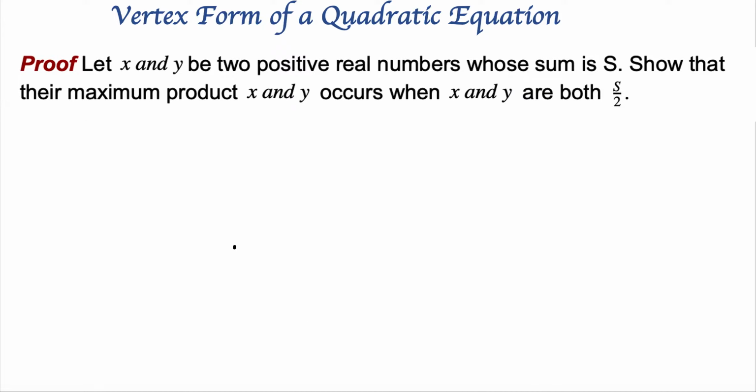So first of all, we want to know x times y, this is a product, and we know the sum of x plus y according to this word problem. This information is going to be equal to s.